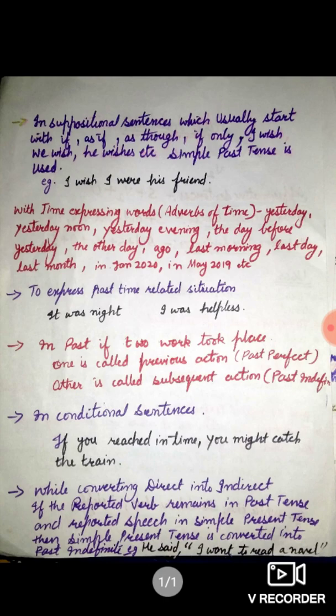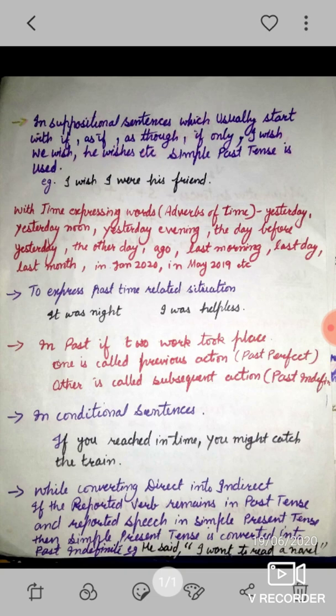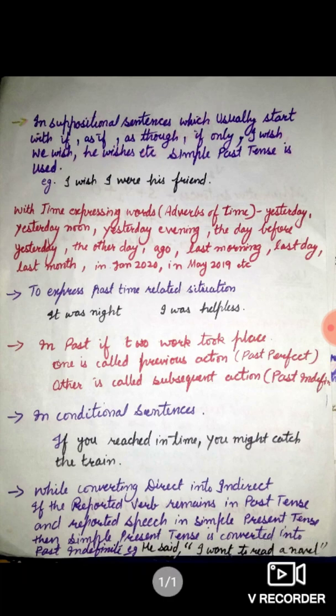I would like to draw your attention to this use of past indefinite tense, students. In this type of sentence, starting with "I wish," with every pronoun "were" is used, not "was."